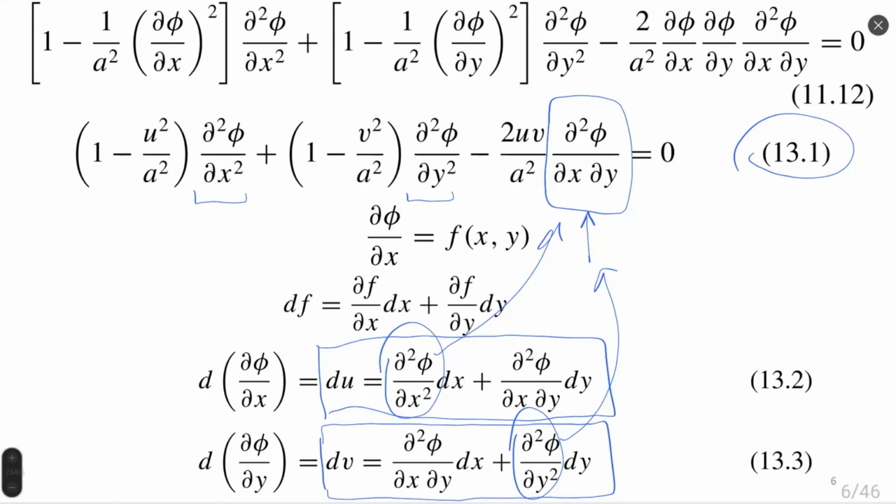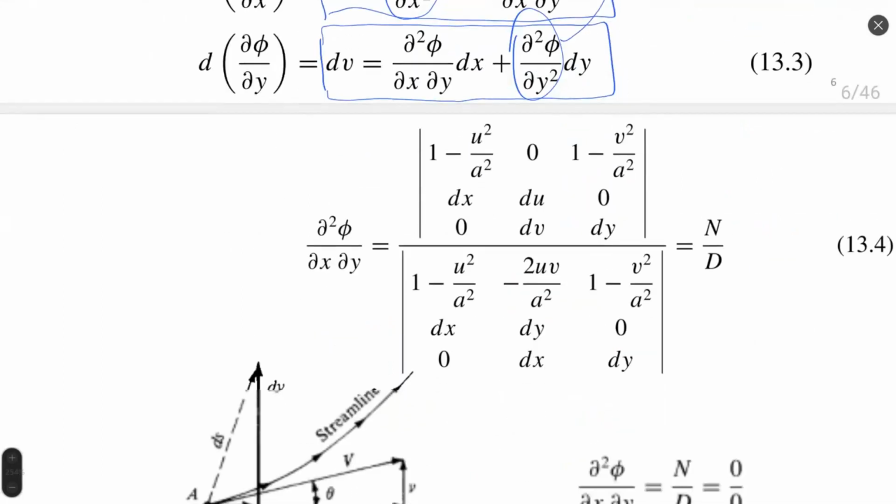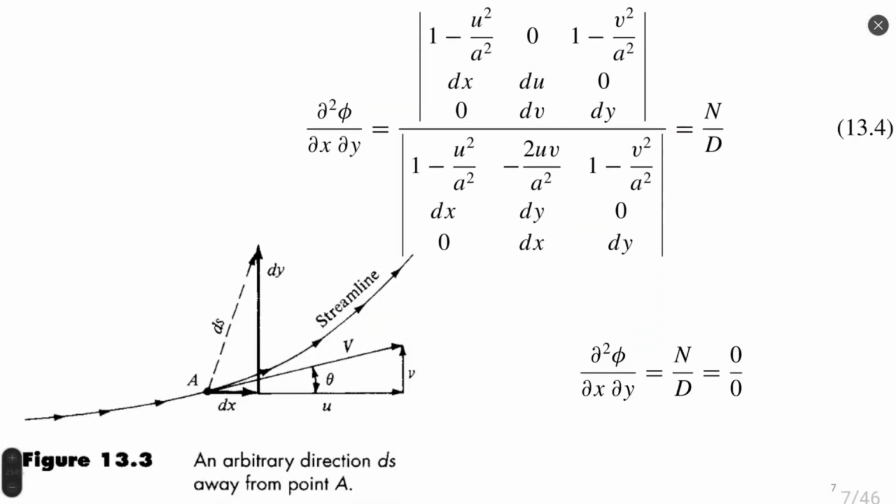Equation 13.1 would be a function of d2phi by dx dy, and there would not be any purely second derivative of x and purely second derivative of y direction. Then this equation we can solve and obtain what this mixed derivative would be. This mixed derivative is represented in equation 4, a ratio between determinants of matrices.